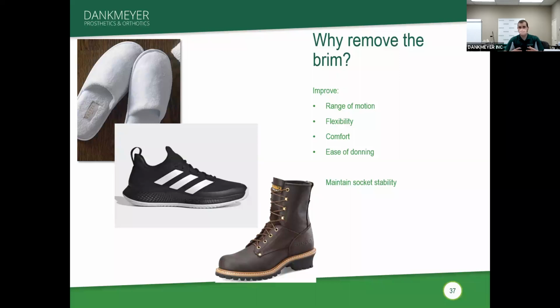So you want to strike a balance. You want that tennis shoe: something nice and supportive that controls positioning, but isn't a loosey-goosey, sloppy fit that's all over the place. You need to maintain that stability so that they can properly control and load the prosthesis.